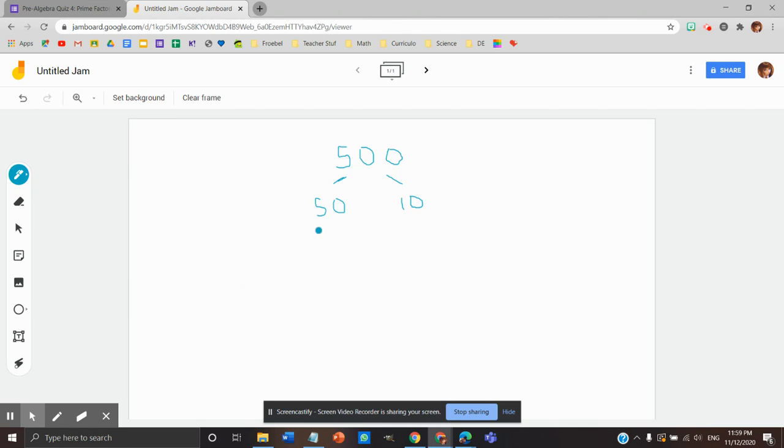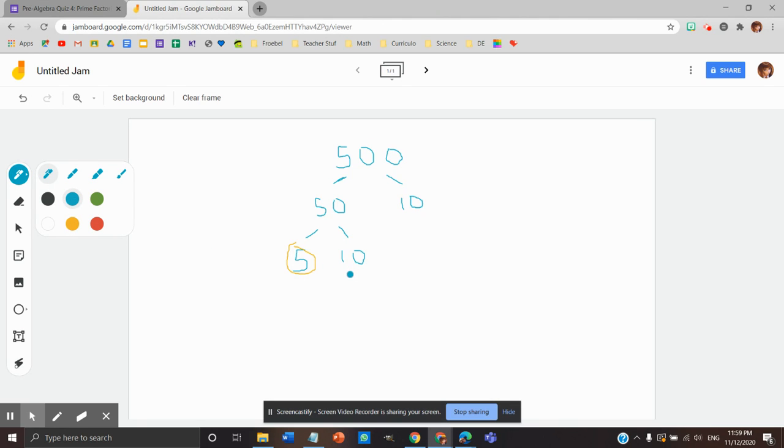So I know that 50, I can get it if I multiply 5 times 10. And I know that that 5 is a prime number, so I'm just going to circle it. I have in mind that that is a prime number. And number 10 is not a prime number.